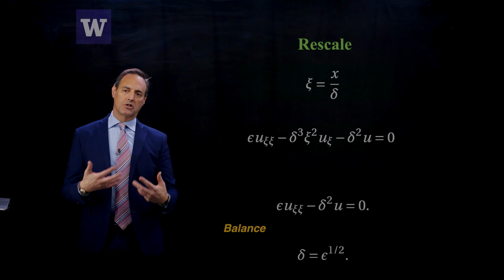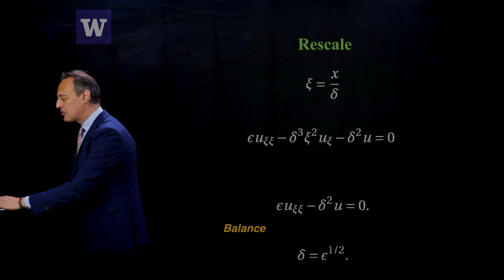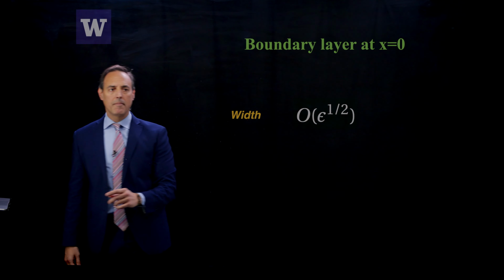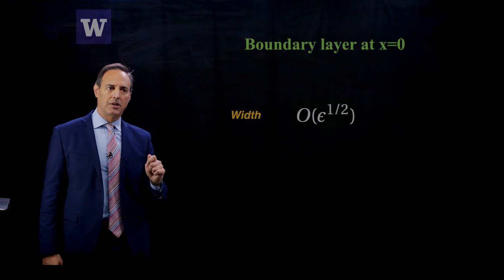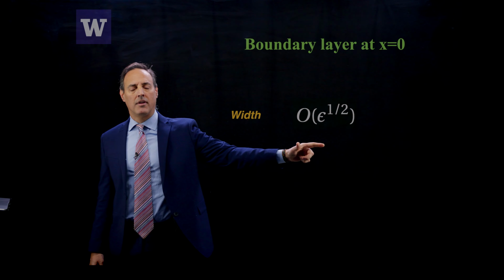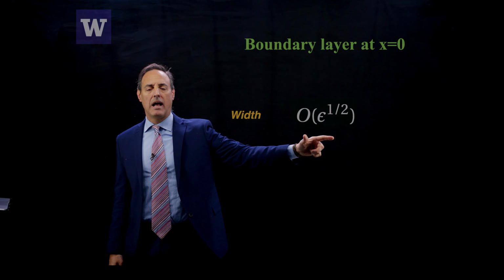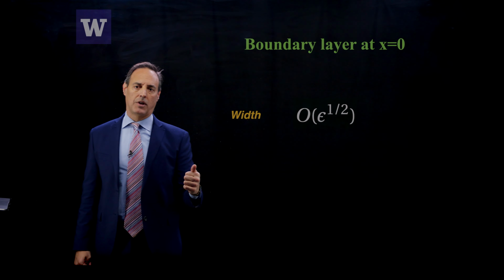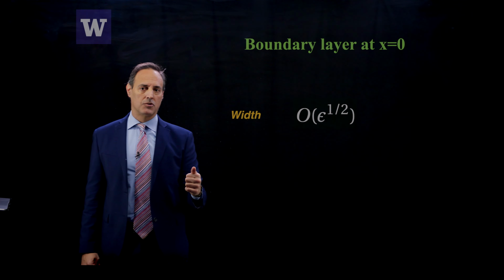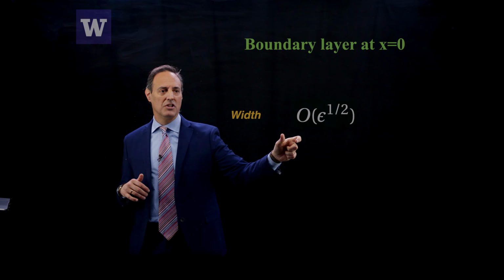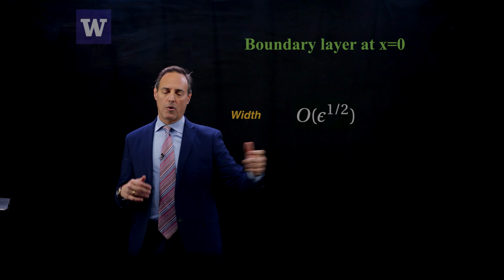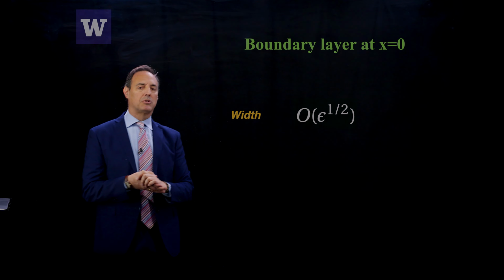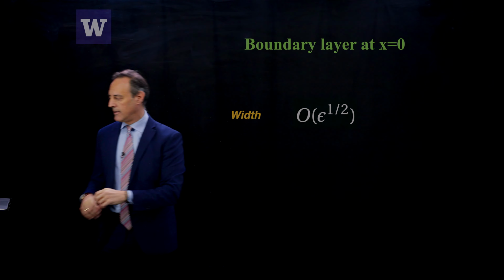So this is our distinguished limit, and it tells you something very important. Your boundary layer at x equals 0 has a width that's proportional to epsilon to the 1/2. Okay? Not epsilon, that's something we got last time. But now you get this interesting structure where the width scales like epsilon to the 1/2 in that distinguished limit.